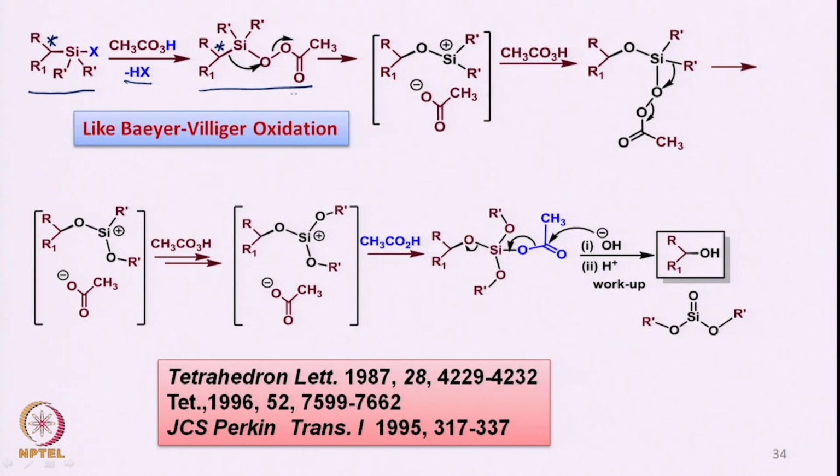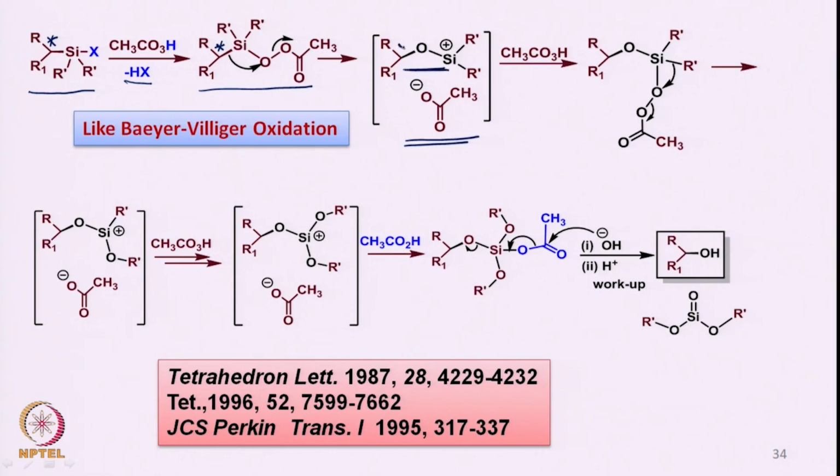This substrate looks very similar to a substrate that undergoes Baeyer-Villiger oxidation, and in the Baeyer-Villiger oxidation also, if you recall, the chiral center does not lose its chirality. Therefore this migration from here, leaving the acetate ion out, gives this intermediate.